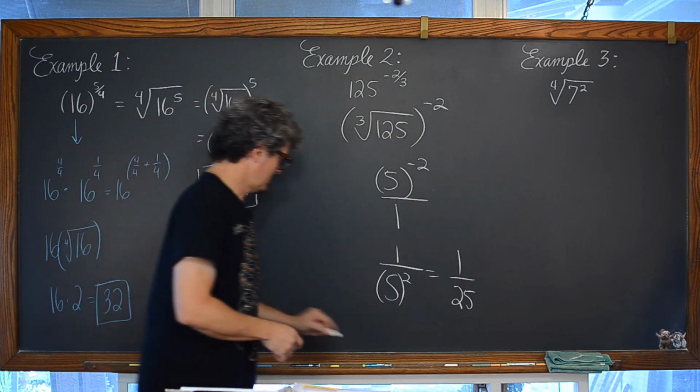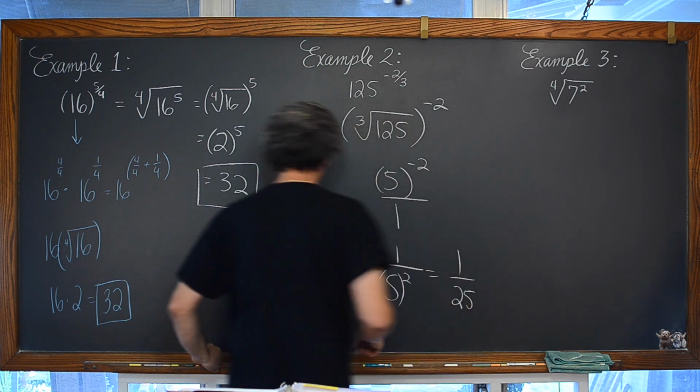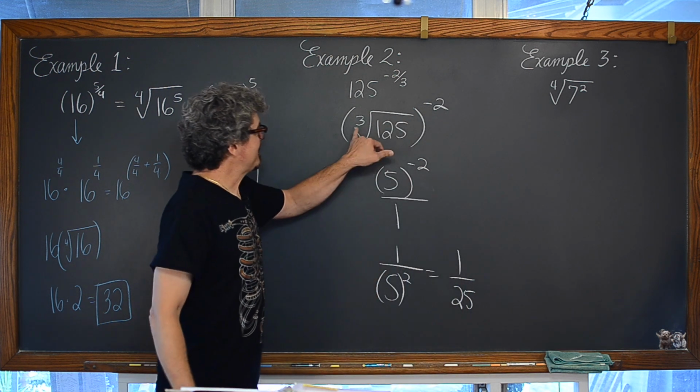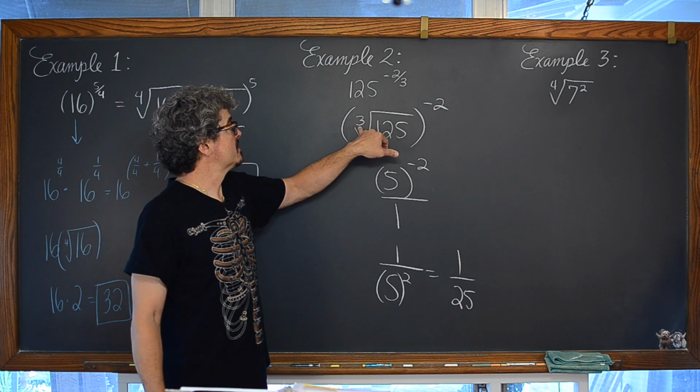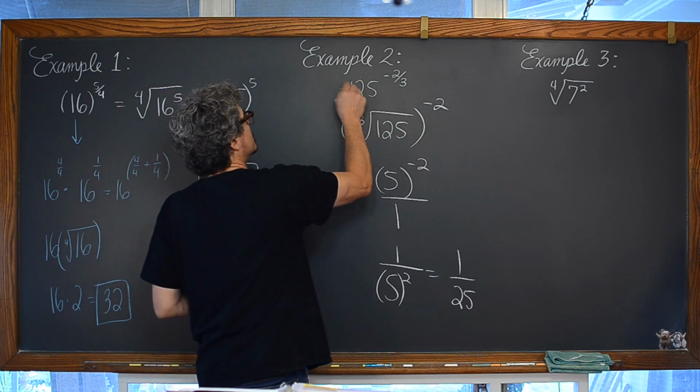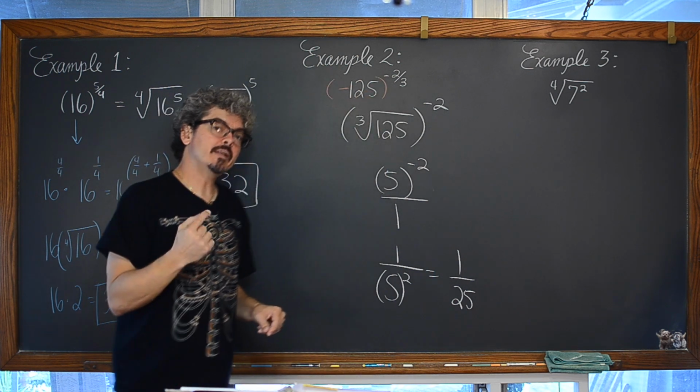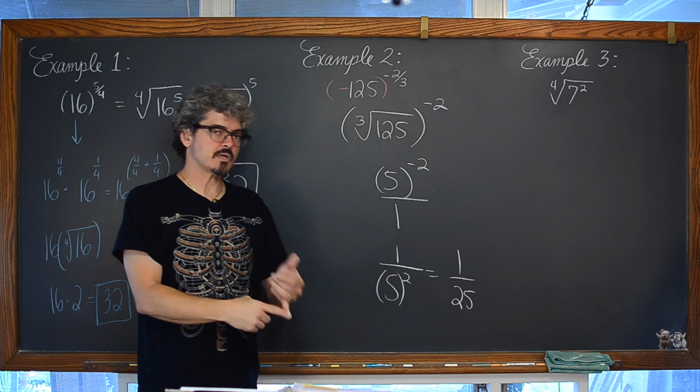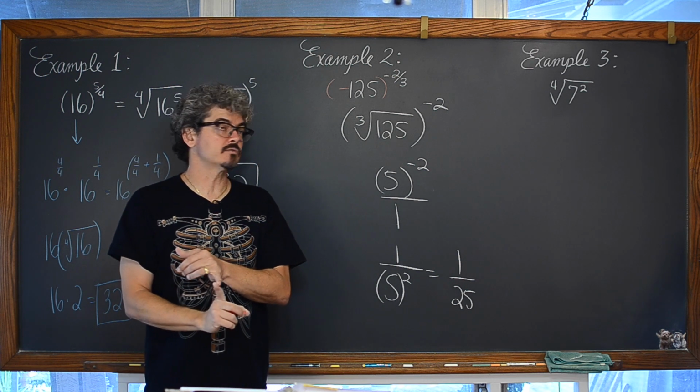Now, just to give a little bit of bonus content, we are taking a cube root here, so we can take the cube root of a negative number. As we talked about, the cube root of negative 8 was negative 2.